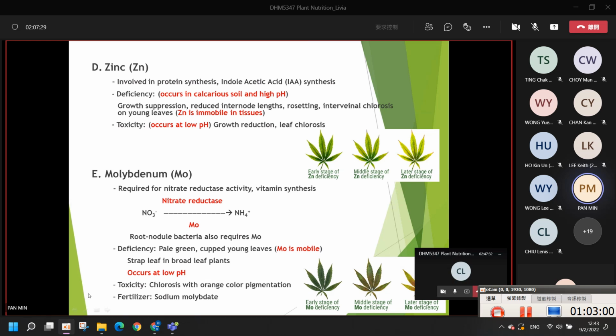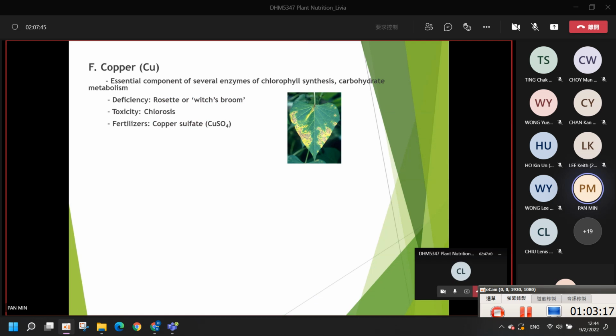The toxicity shows as leaf orange pigmentation, a different color. For fertilization we usually use sodium molybdate.